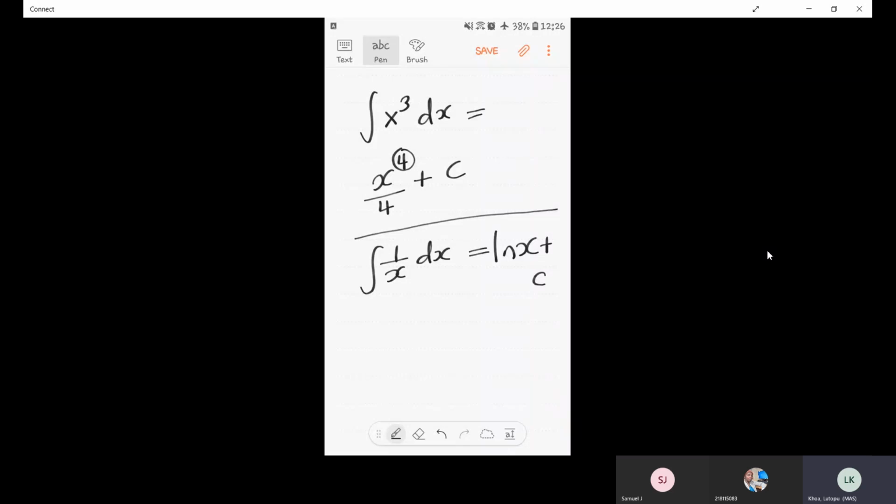So now if I tell you the gradient is 1 over x, then it means that the function I differentiated to get 1 over x must be ln of x. Then we have the integral of e to the power of x dx. This is just e to the power of x plus c, because when I differentiate this, my answer is just e to the power of x.